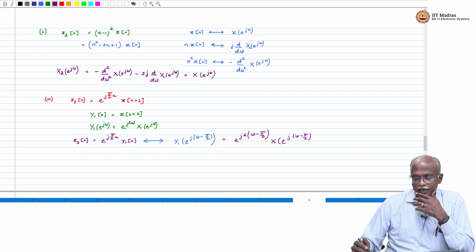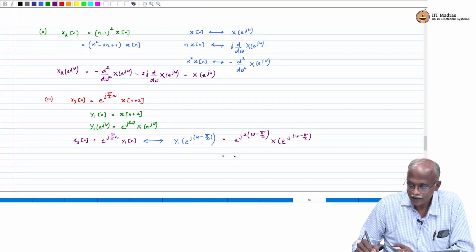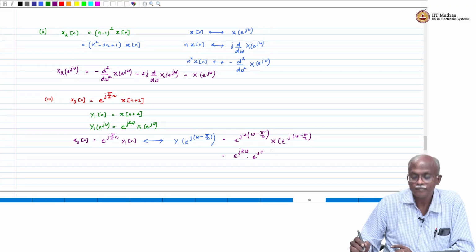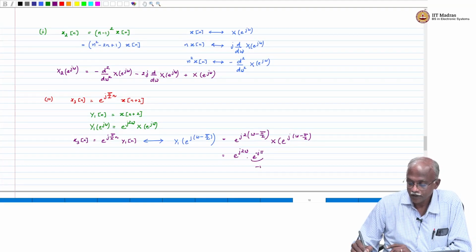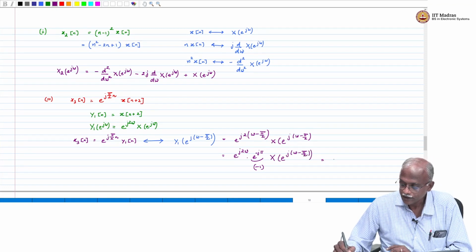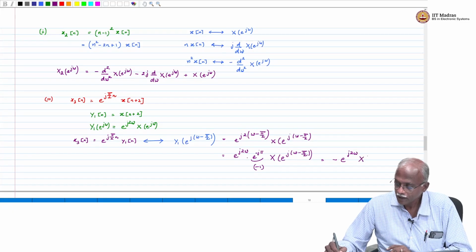Of course, you can simplify, you can write this as e power j 2 omega multiplied by e power minus j pi, that will be minus 1. You can write this as minus 1 times x e power j omega minus pi by 2. So, you can write this as minus e power j 2 omega times x e power j omega minus pi by 2.